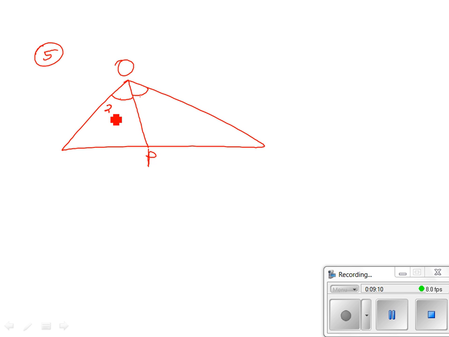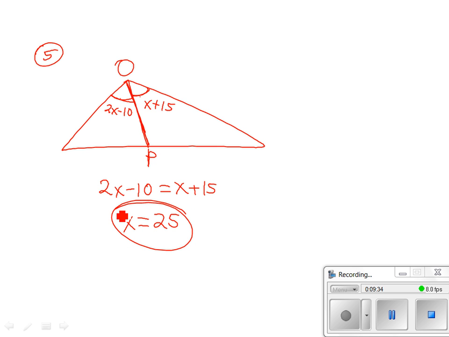They tell us that this angle is 2x minus 10. This angle is x plus 15. What equation can we set up then? 2x minus 10 equals x plus 15. Angle bisector. They told you that. You got to know that information right off the bat. It's going to give you x equals what? 25. That's number 5 on the last page.